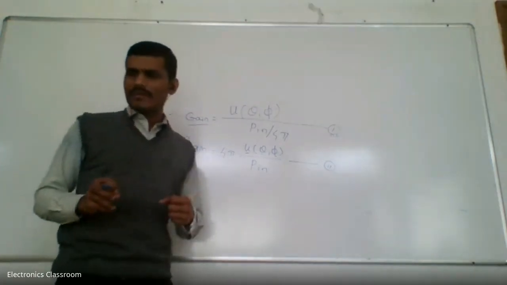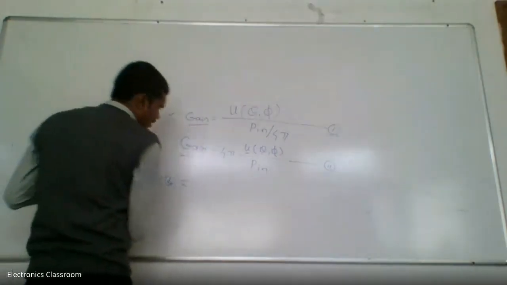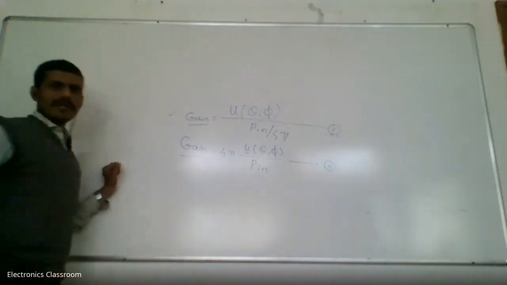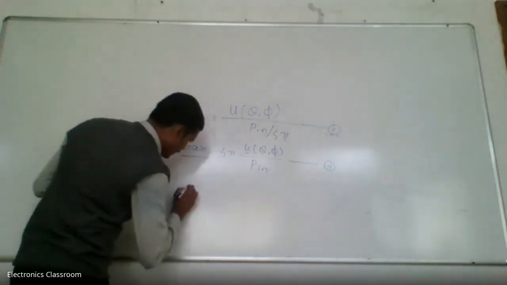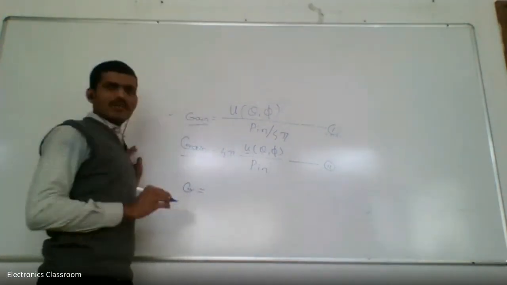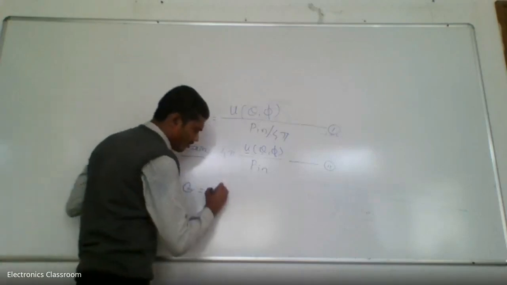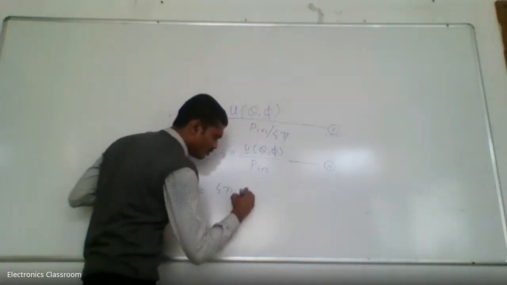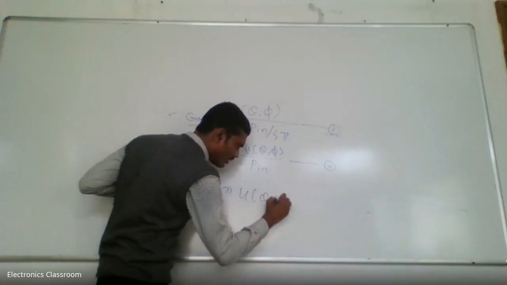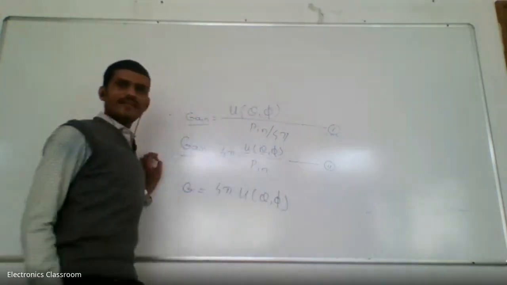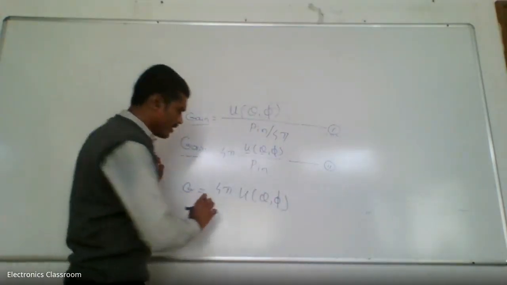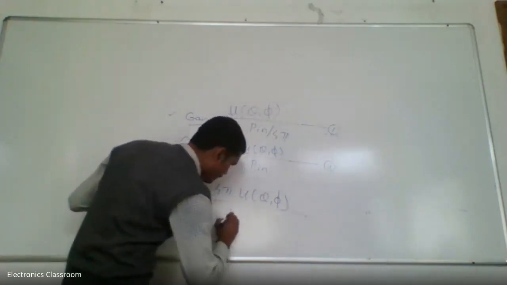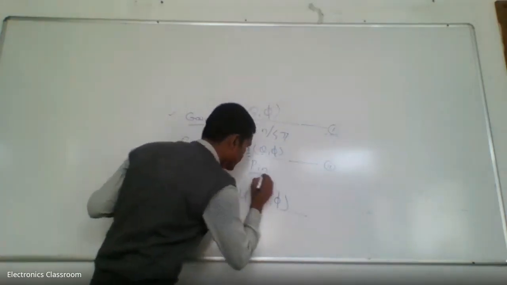Now at that time, the relative gain can be calculated by using the equation G = 4π U(θ,φ) / P_in.